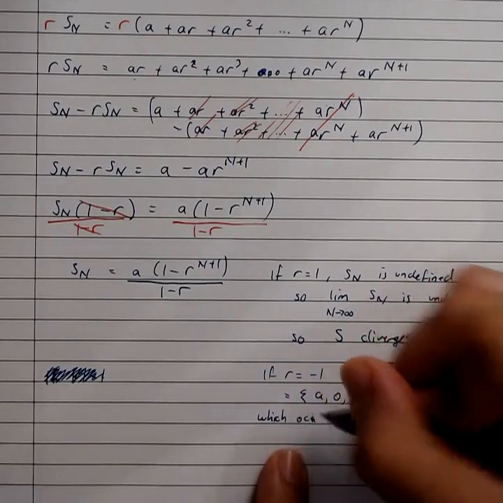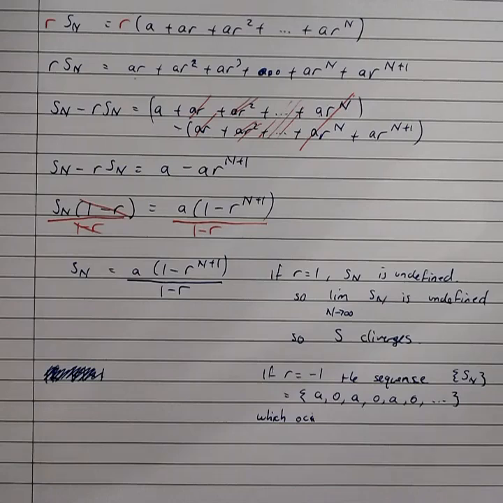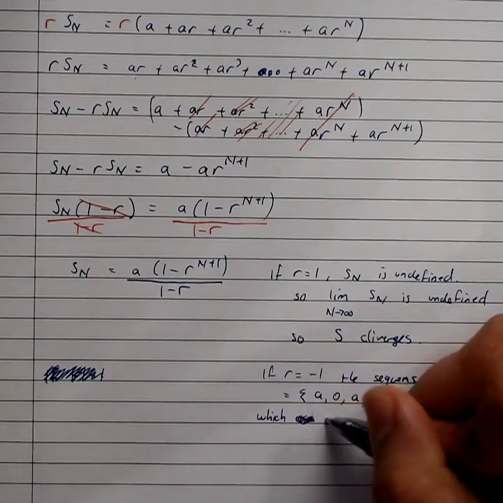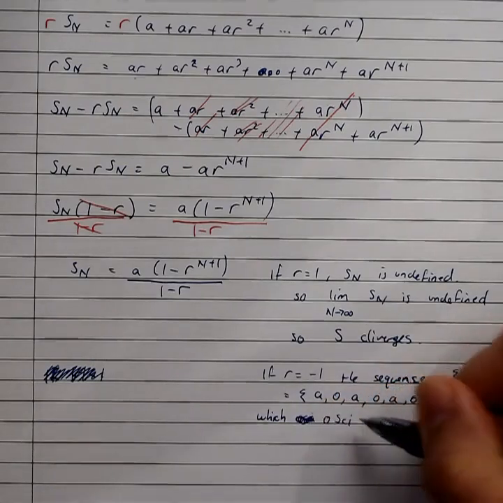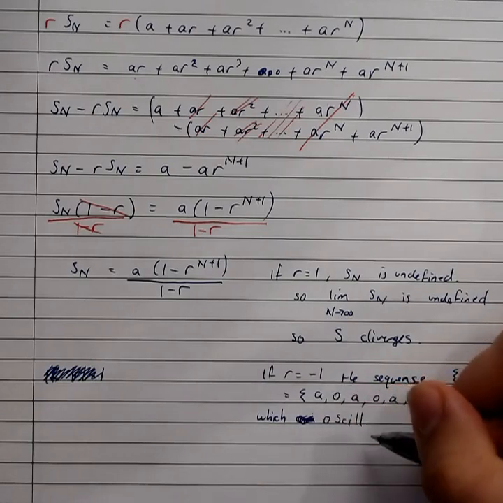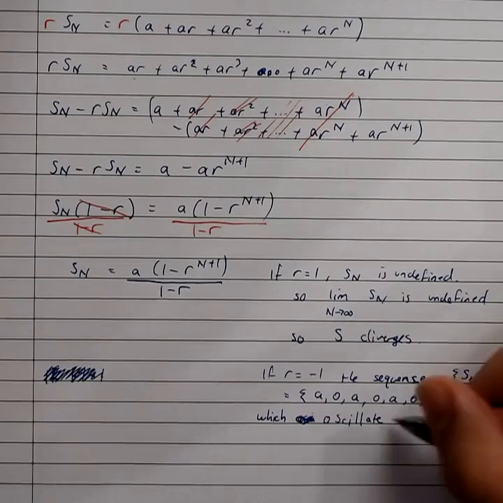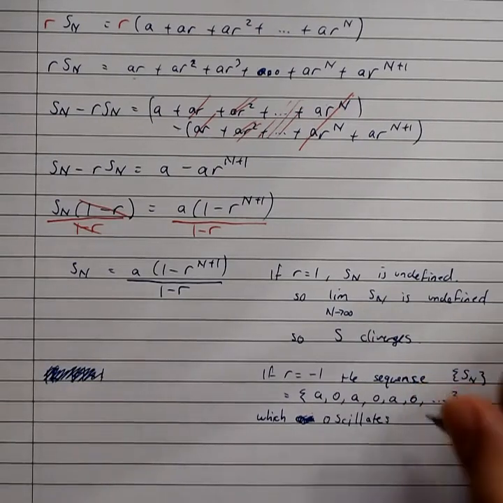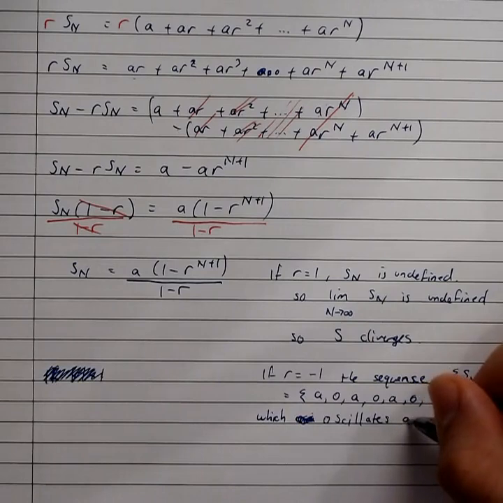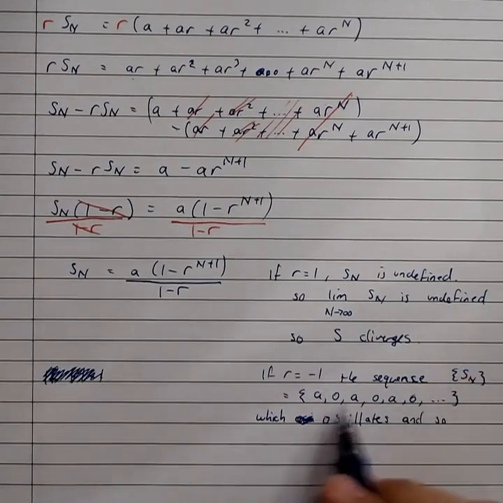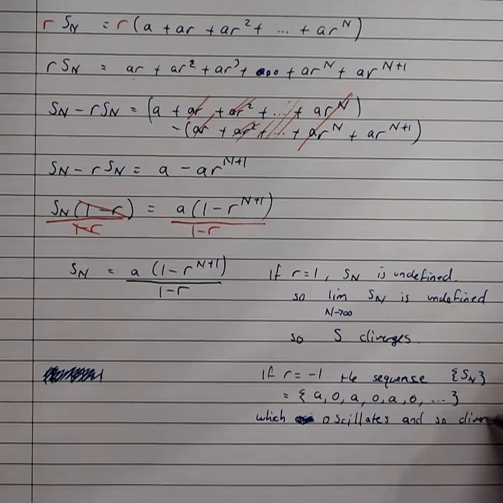How do you spell oscillate? I think I'm missing an S. Okay, so that's O-S-C. There we go. That looks a little better. Oscillate. And so diverges. If it oscillates, it'll never converge down to any one number, so it must diverge.